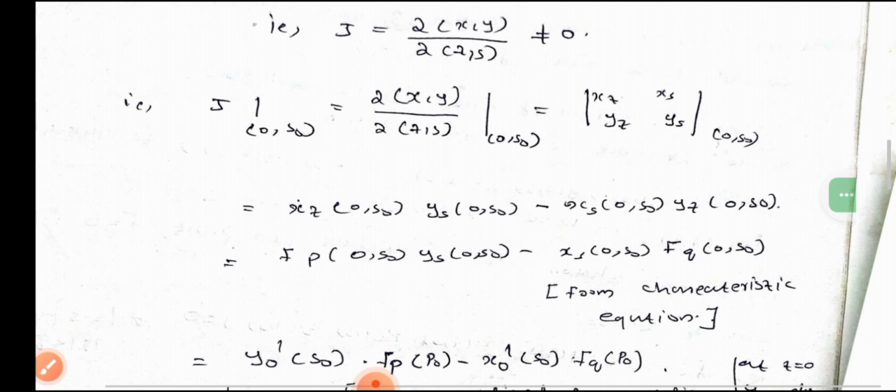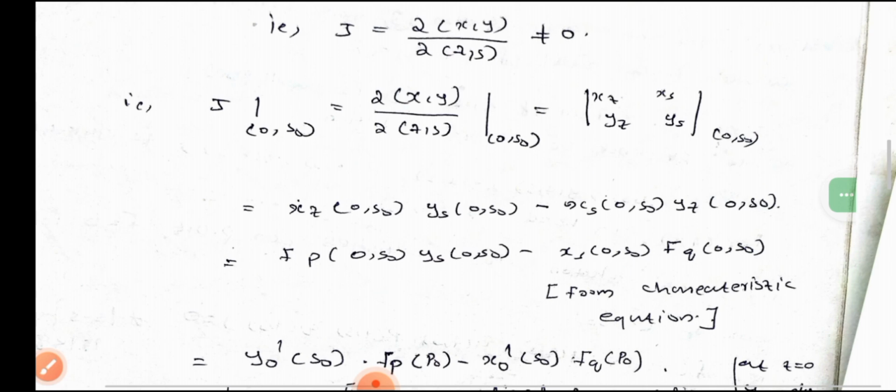So the Jacobian at 0, s naught is equal to ∂(x,y)/∂(t,s) at 0, s naught, which is equal to the determinant of xt, xs, yt, ys at 0, s naught. Xt at 0, s naught into ys at 0, s naught minus xs at 0, s naught into yt at 0, s naught, which is equal to fp at 0, s naught, ys at 0, s naught, xs at 0, s naught, into fq at 0, s naught.